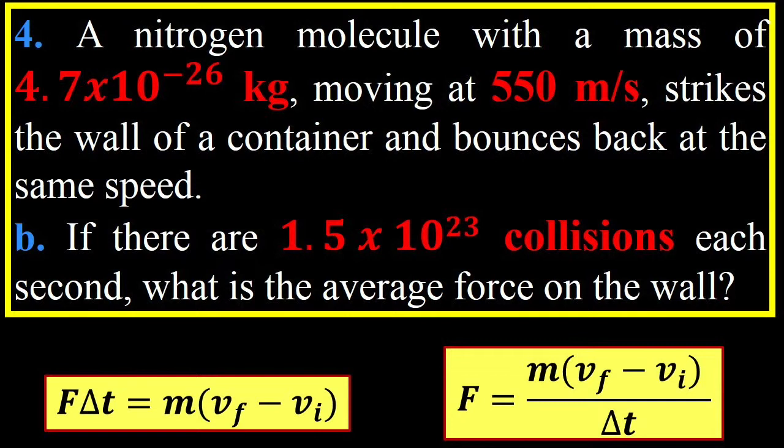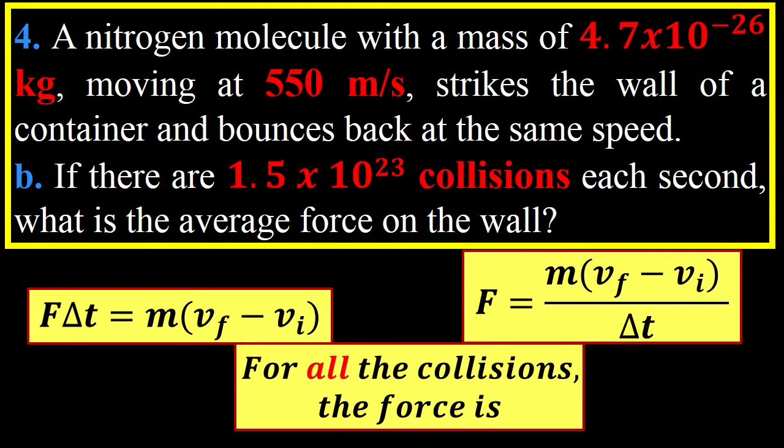Remember, you have mass times the change in velocity divided by the change in time. There are that many collisions per 1 second, so the time is going to be 1 second.